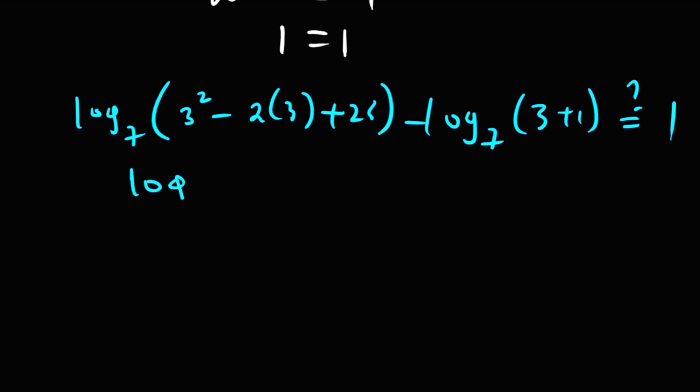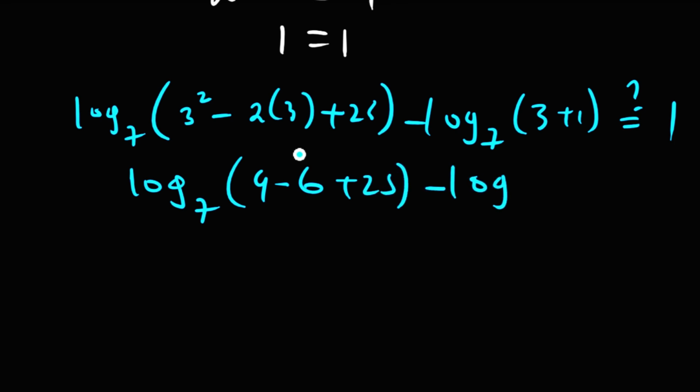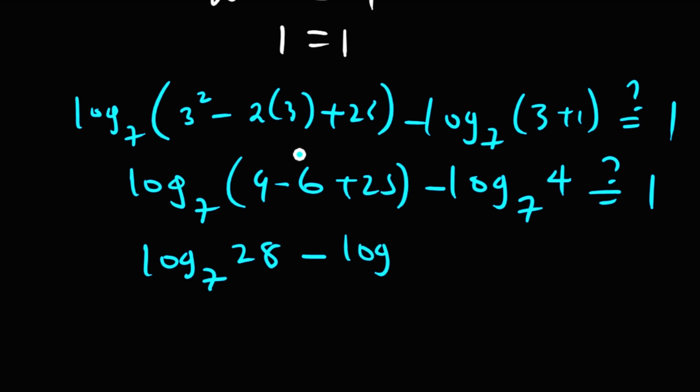So this is log to base 7 of (9 minus 6 plus 25) minus log to base 7 of 4. 9 minus 6 plus 25 is 28, so we have log to base 7 of 28 minus log to base 7 of 4, and we check if that is equal to 1.